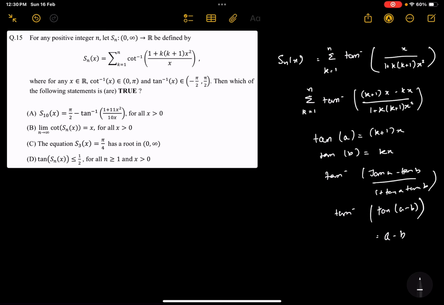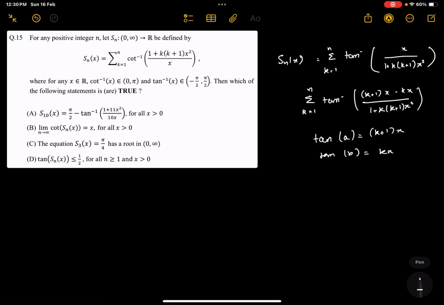because tan a is greater than tan b and all this argument is greater than 0 and less than pi by 2. So we have this. So this becomes a minus b, and a was tan inverse of k plus 1 times x, b was tan inverse of kx. So this becomes the sum from k equals 1 to n of tan inverse of k plus 1 times x minus tan inverse of kx.